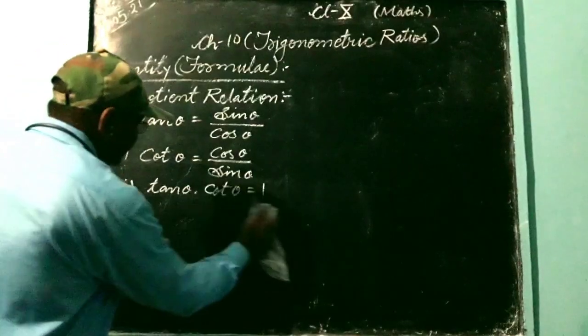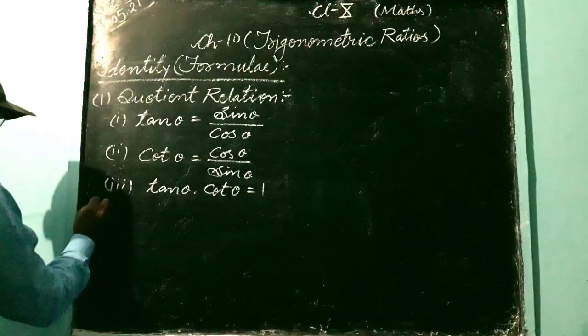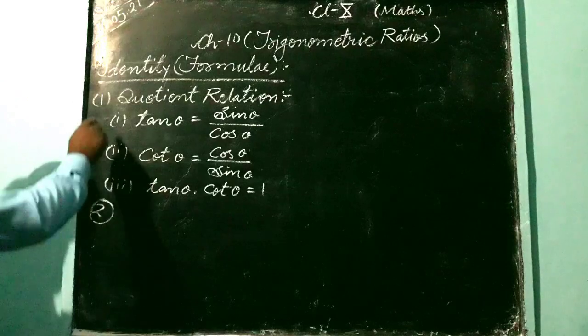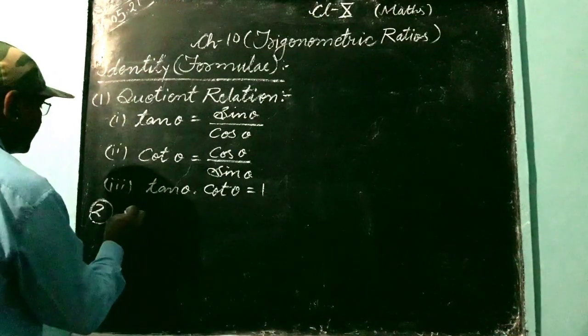After that, second, I will explain the identity which is related with the square relation.